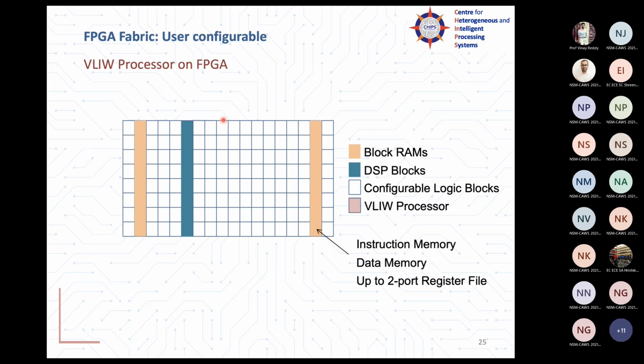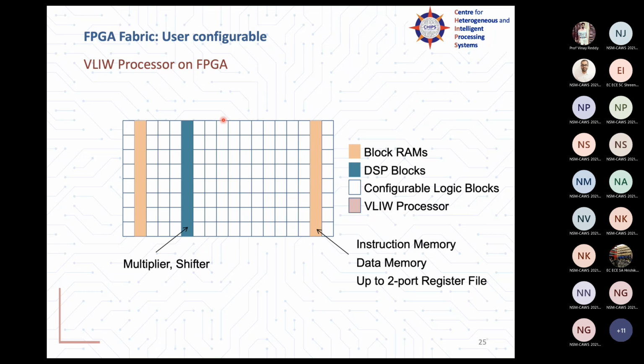I will put my instruction memory on the high density memories given on my FPGA chip. I will put data memory also on that, and any register file, as long as it is up to two ports, I can accommodate on the block RAMs.